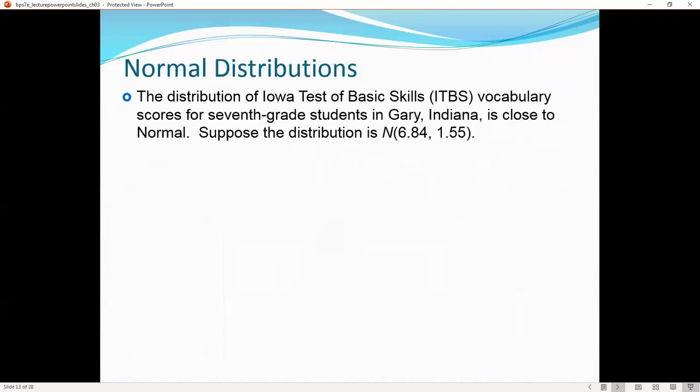The distribution of Iowa Test of Basic Skills vocabulary scores for 7th grade students in Gary, Indiana is close to normal. Suppose the distribution is N with mean 6.84 and standard deviation 1.55. Sketch the normal density curve for this distribution.